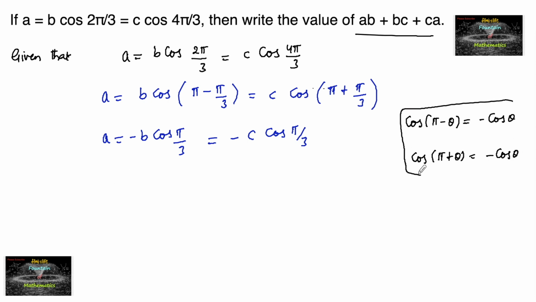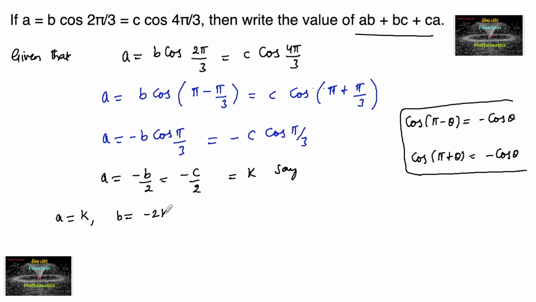And cos pi by 3 value is 1 by 2. So we can write a is equal to minus b upon 2, which is equal to minus c upon 2. Let us equate to some constant k. So we have a is equal to k, b is equal to minus 2k, and c is equal to minus 2k.